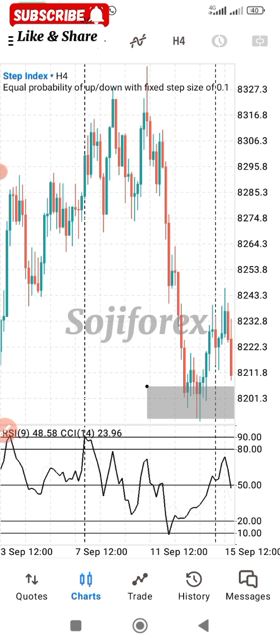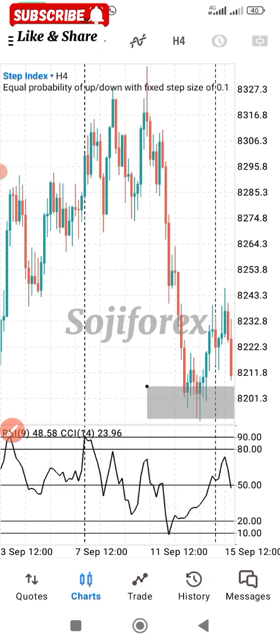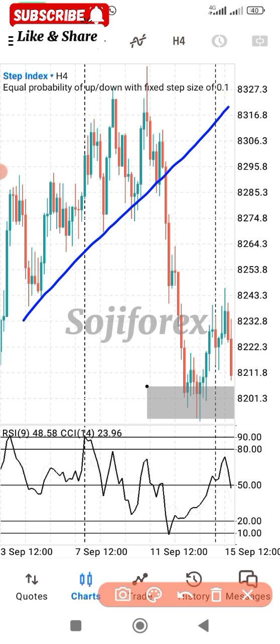And in the same way, another thing is divergence. Here we have price making a higher high, while our indicator is doing the opposite. So here now you can connect your trend line while we wait for the breakout of this particular trend line.